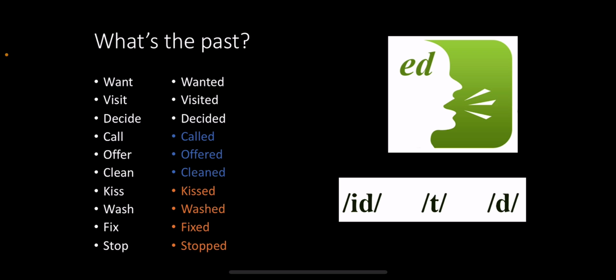This idea is important because it's going to help us understand how we're going to pronounce the rest of the verbs. Call, offer, and clean are verbs that have a pronunciation at the end that requires your vocal cords to vibrate.